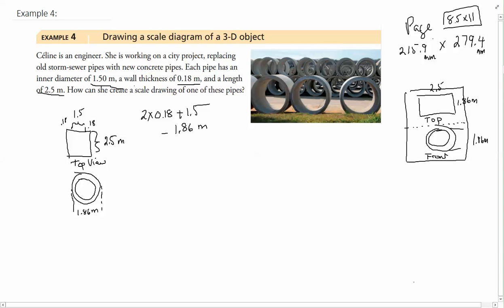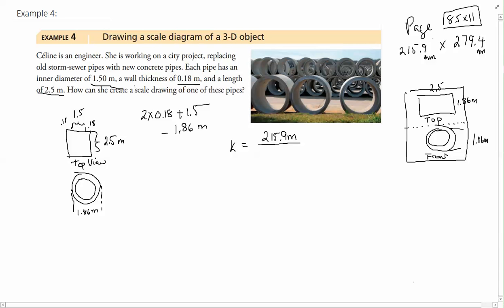I know that my page is 215.9 millimeters, so K is equal to the drawing over the actual, and our actual is 2.5.